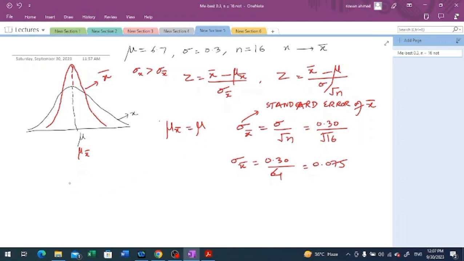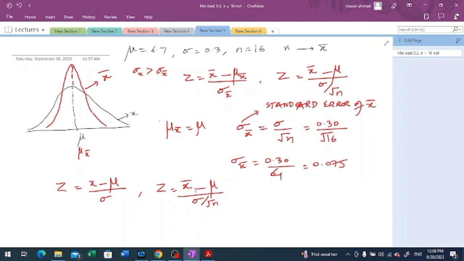Over here you can take notice of one thing, that we were using the formula z equals x minus mu divided by sigma in case of one selection. Now we have to use this formula in later parts of the question. To transform any given value of x, previously we were subtracting the mu value from the x value and then dividing it by the standard deviation, which was 0.3.